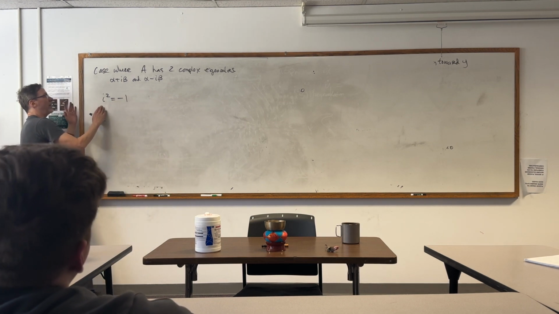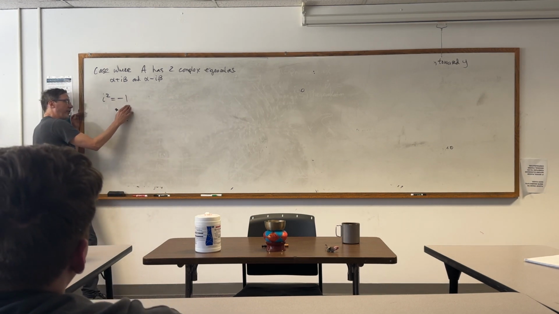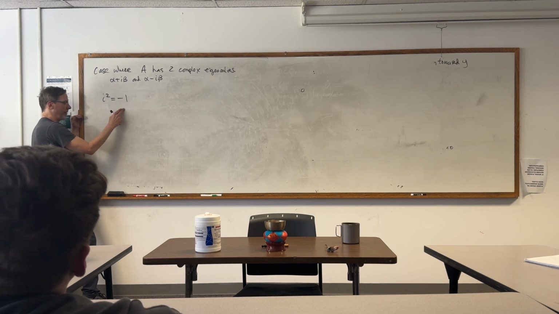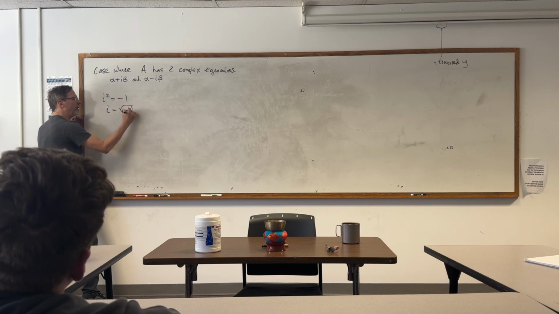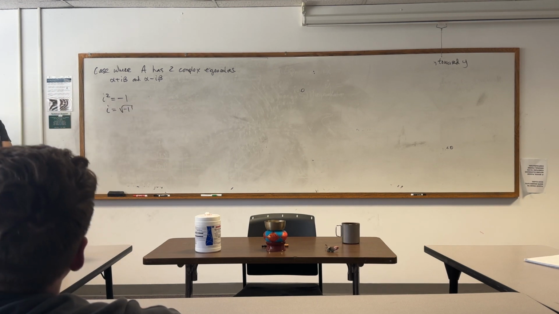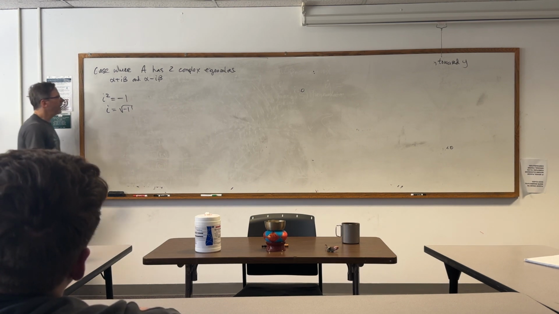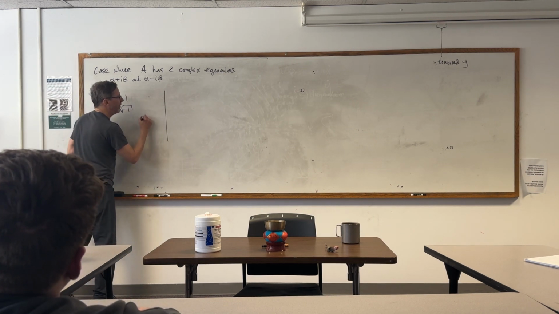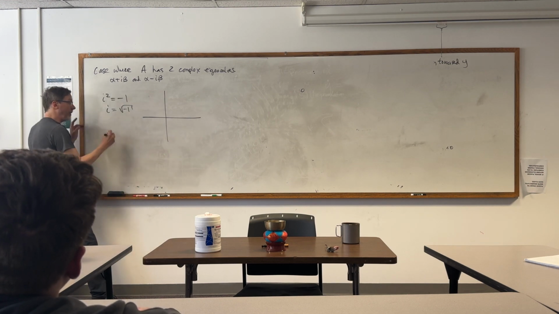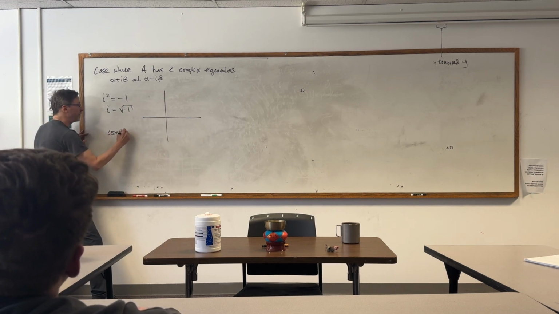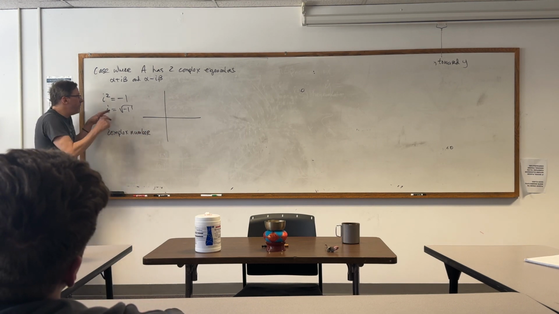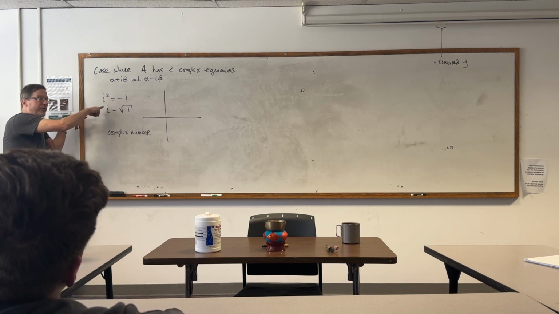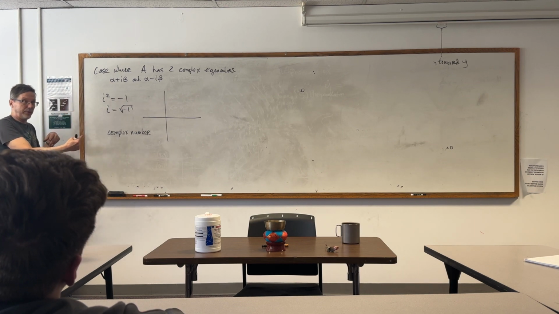So i is a number for which this is true. There's no real number for which that is true. Sometimes you see this as the definition of i, the square root of -1. We can think of a thing called a complex number as a mix of imaginary things and real things.